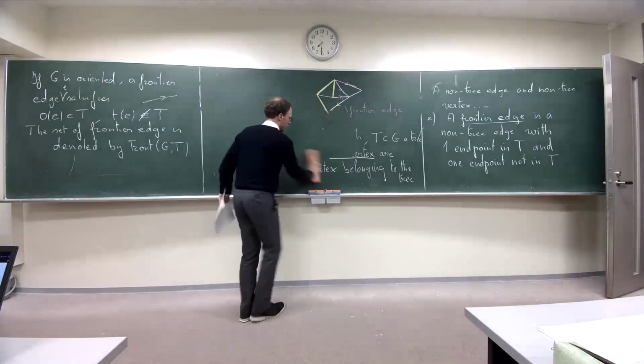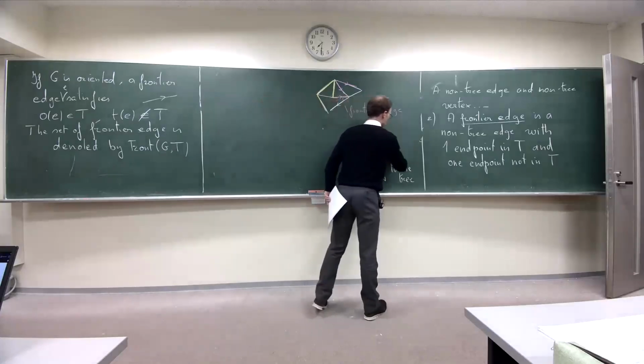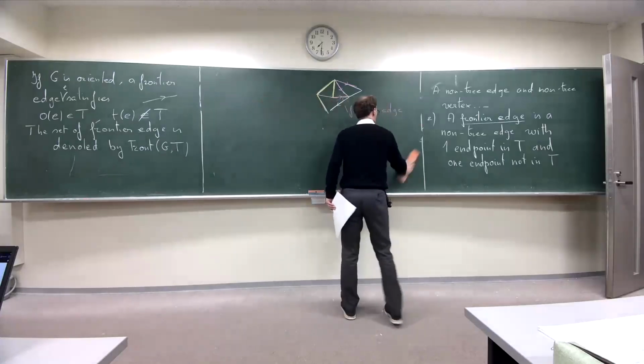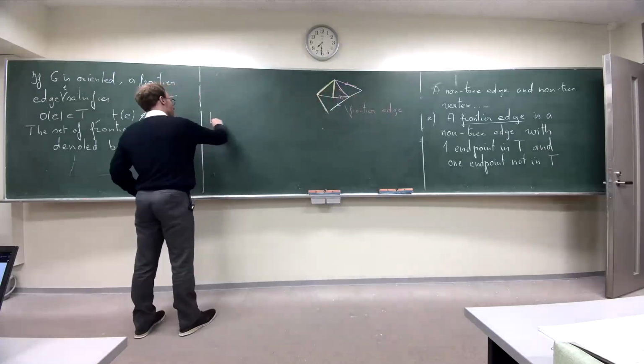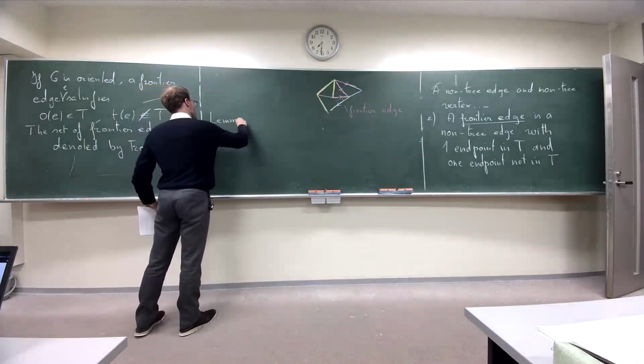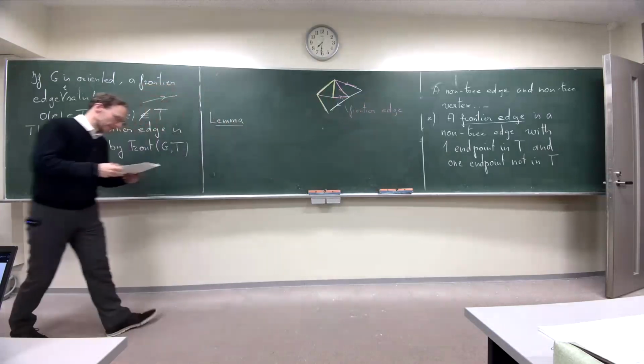So now we have enough definitions. Remember, my aim is to grow a tree. So here is a small lemma, a small statement, which is easy.